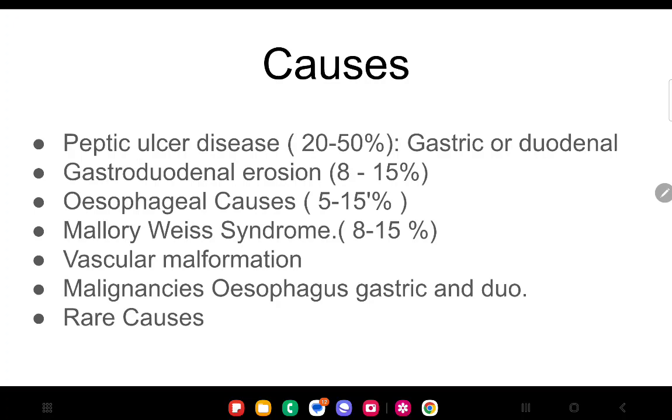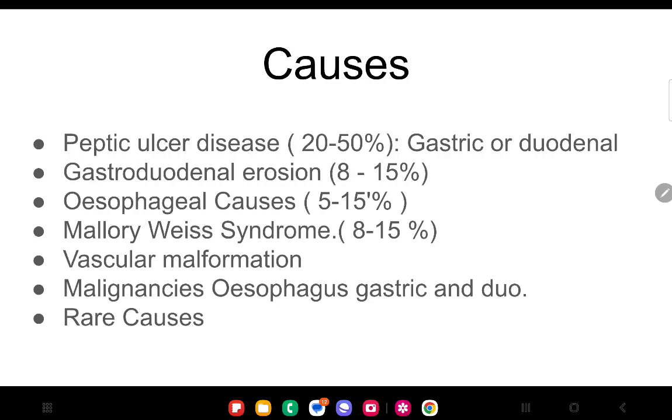Esophageal causes other than variceal comprise 5 to 15%. Mallory-Weiss syndrome is a tear in the lower esophagus, due to alcohol and excessive vomiting, and it comprises 8 to 15%.